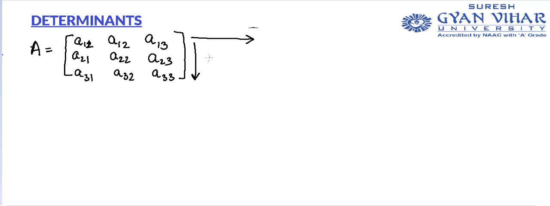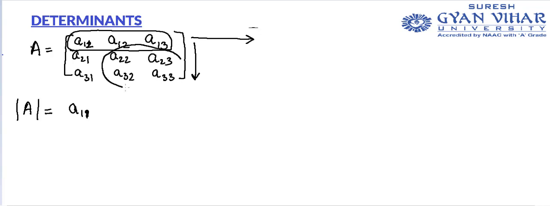So how do you expand using row 1? For matrix A, if you want to find the determinant, we have to write it as A11. This row is kept as constant. Now if we hide this row, this is the square matrix left. You can hide this row and find the determinant of this square matrix, right?